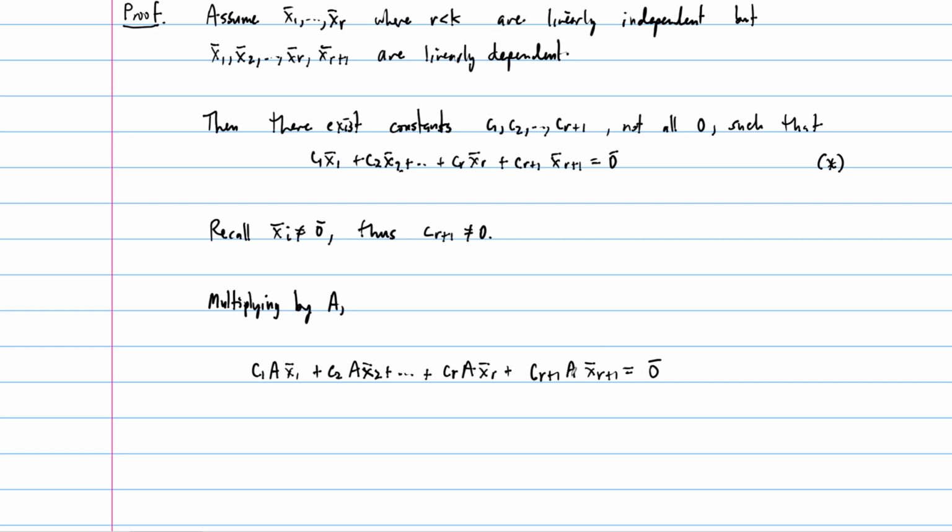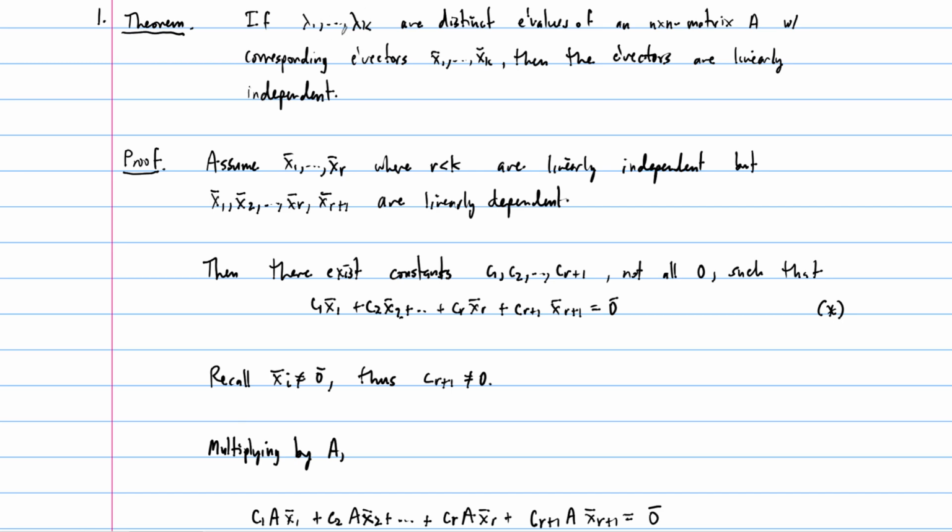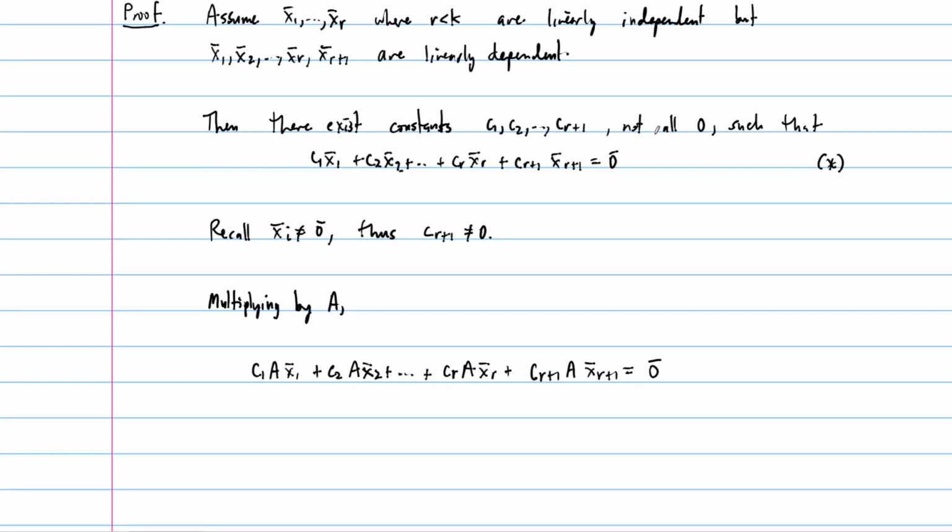Now, because we've assumed that these are eigenvectors corresponding to distinct eigenvalues, the A times x's can be replaced by constant times the x's. So this becomes c1 lambda 1 x1 plus c2 lambda 2 x2 all the way up through cr lambda r xr, and then c(r+1) lambda (r+1) x(r+1) equals 0.